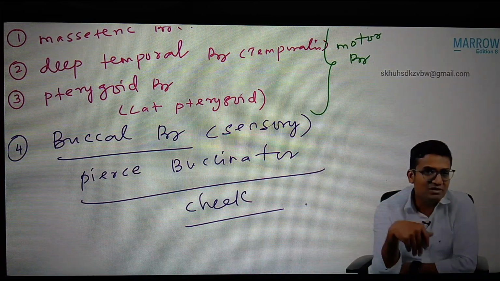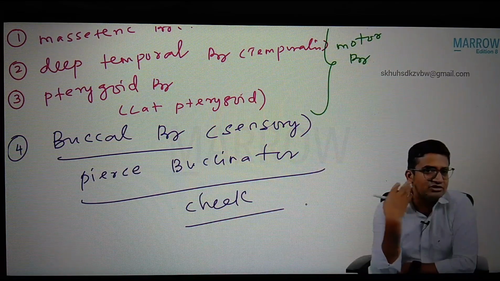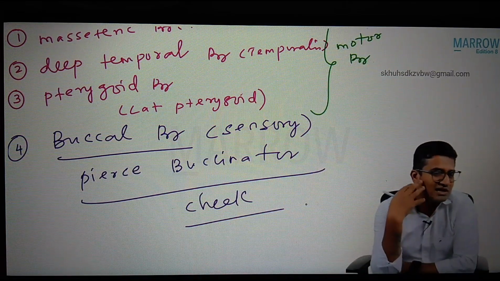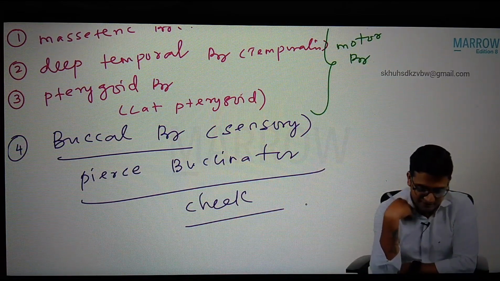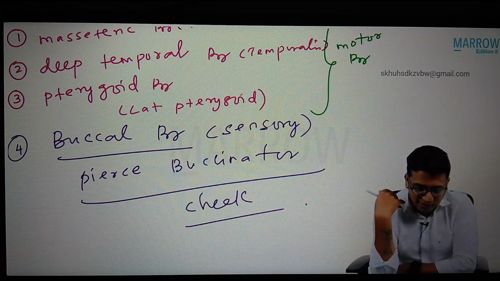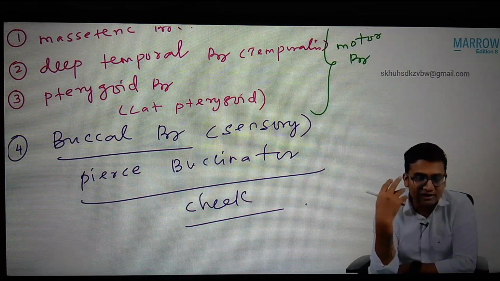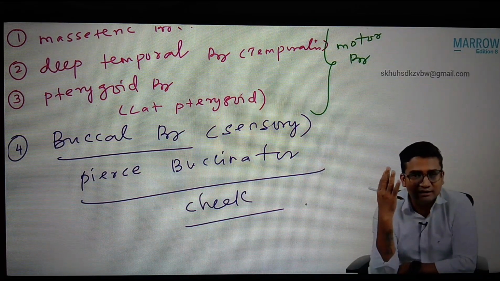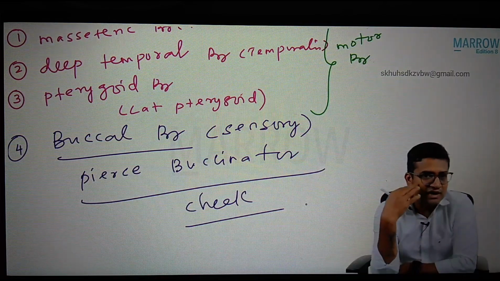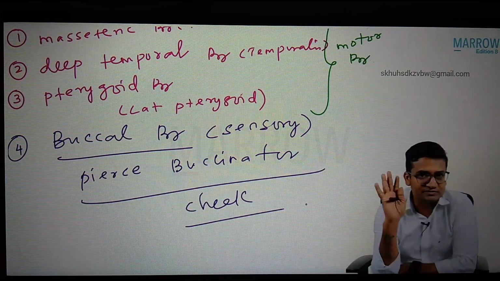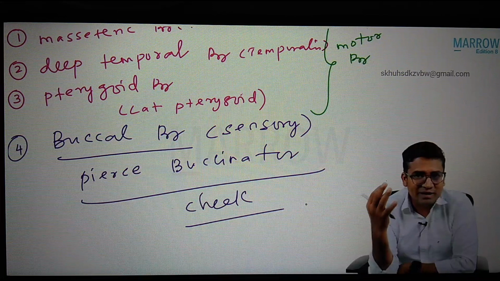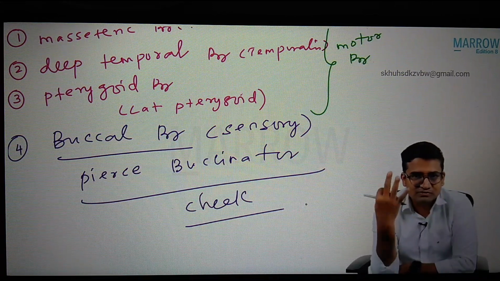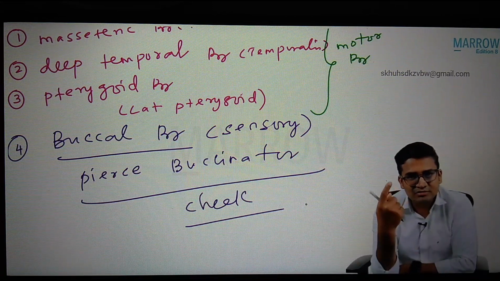Whereas the buccal branch of the mandibular nerve comes from the infratemporal fossa, pierces the buccinator muscle and carries sensory fibers from the cheek. Clear? So the anterior division gives 4 branches, 3 motor and 1 sensory.